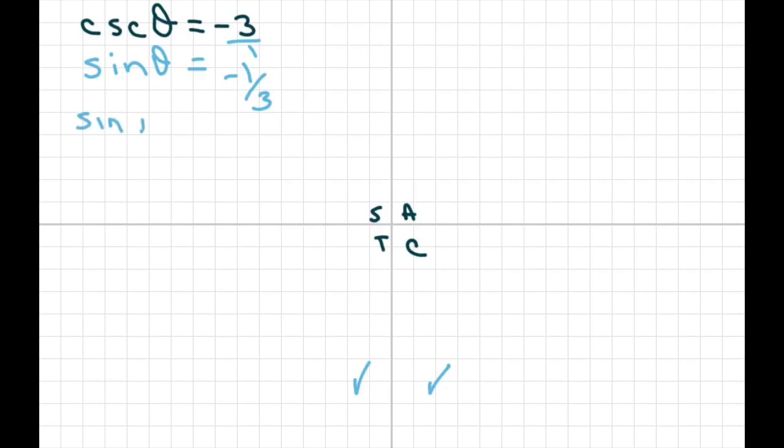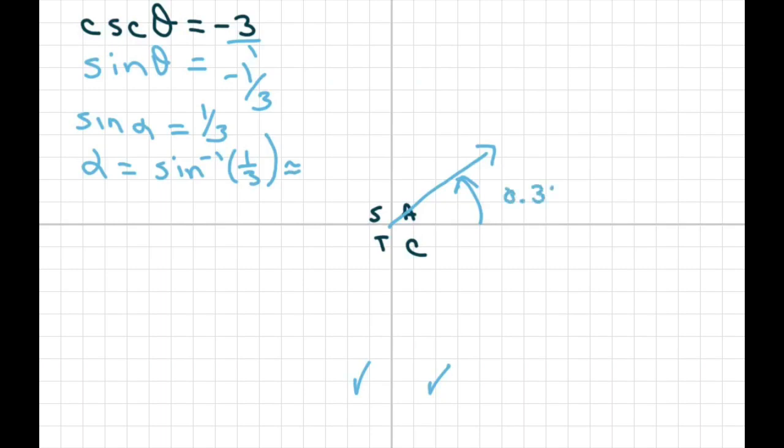So I use my secondary angle of alpha and make it positive here. So we have alpha equals inverse sine of 1/3. So that would be some acute angle here, and that's approximately 0.34.